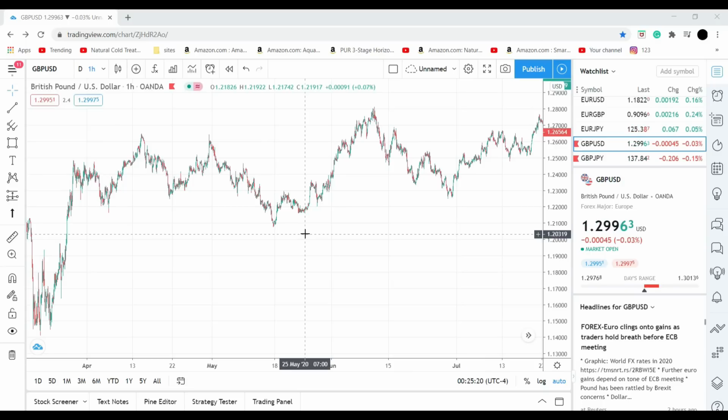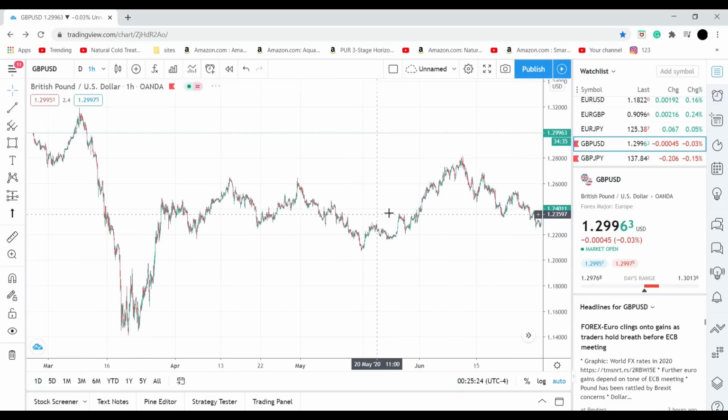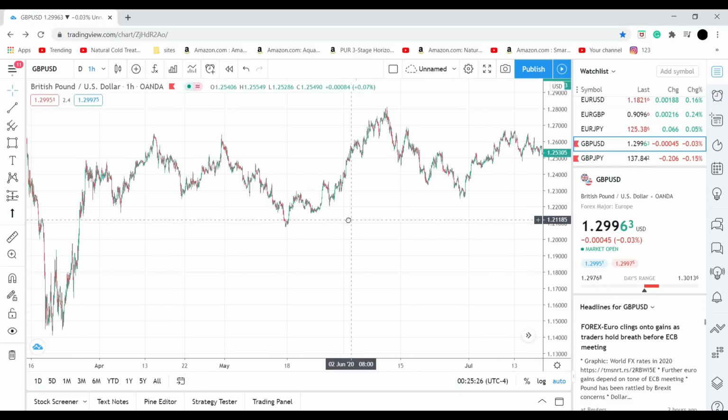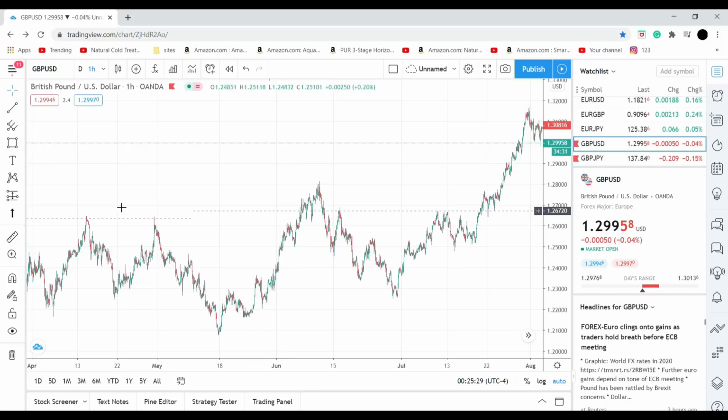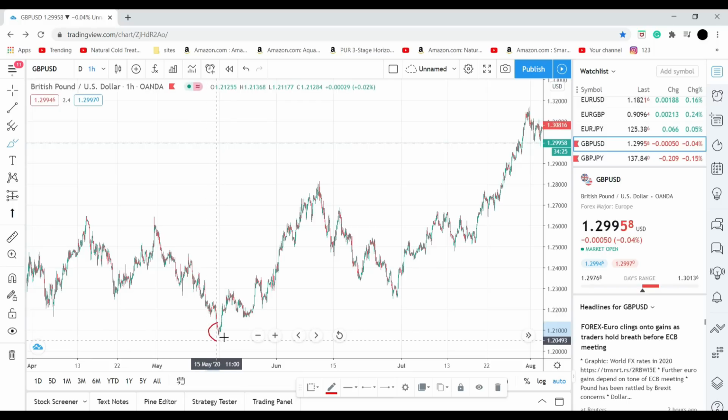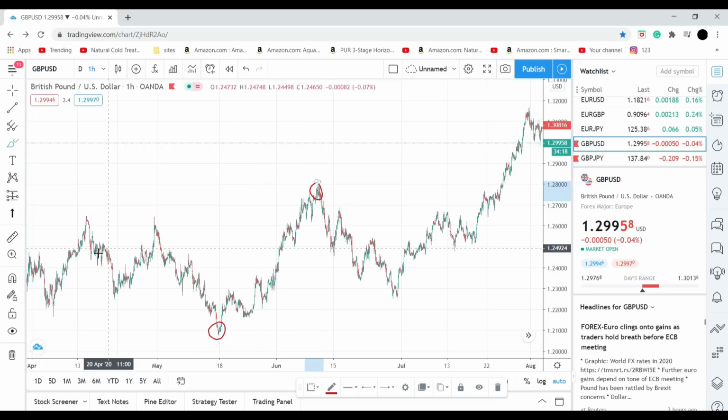Now, let me show you the way I look at the markets, okay? So let me show you real quick. Now, most people, when they look at zones, okay, they look at the major zones. So right here we have, okay, a major swing low and a major swing high. Okay, why is it major? Because this is where the market was actually, let me show you real quick.